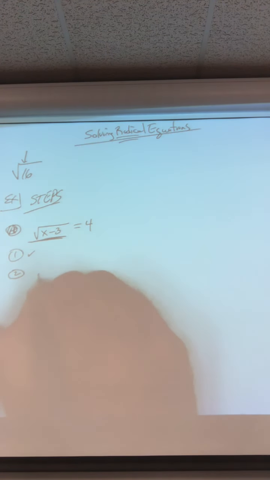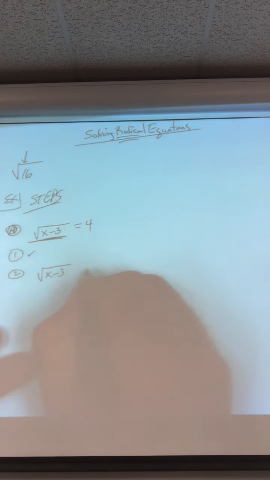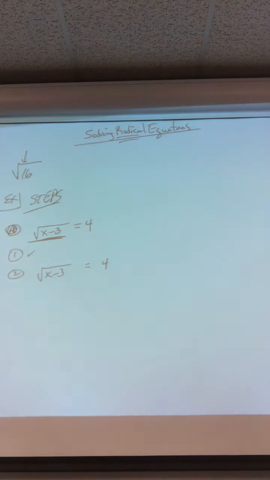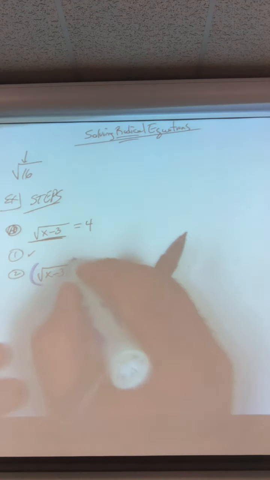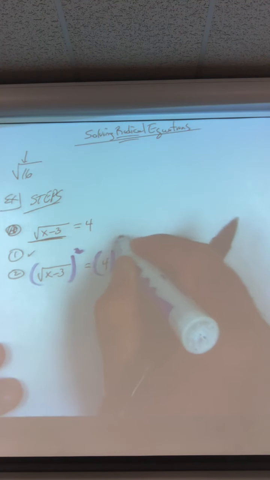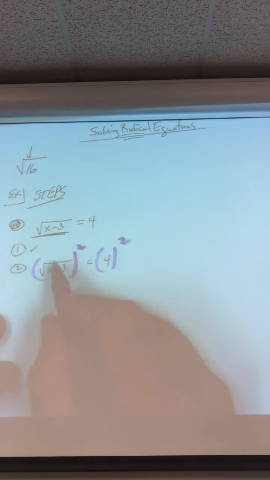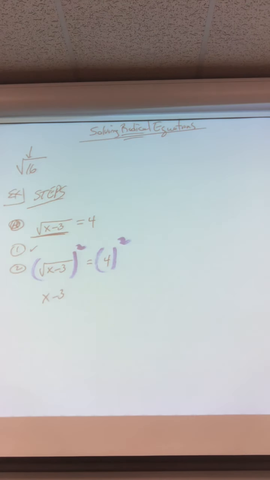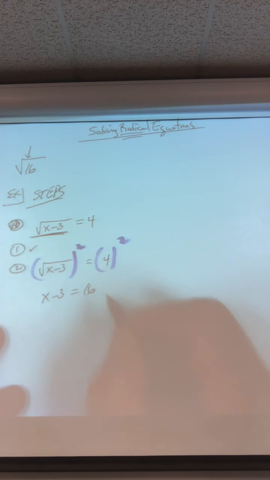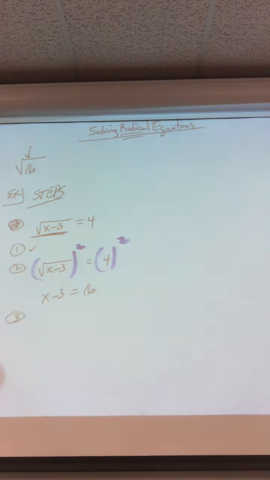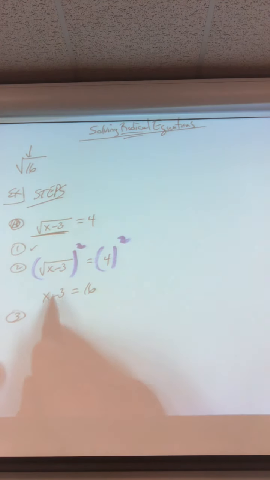Second step, square each side and simplify. Now remember, squaring and square roots undo each other. We learned that with the square root property. Equals 16. Step 3, solve the new equation. Add 3 to both sides to get x equal to 19.